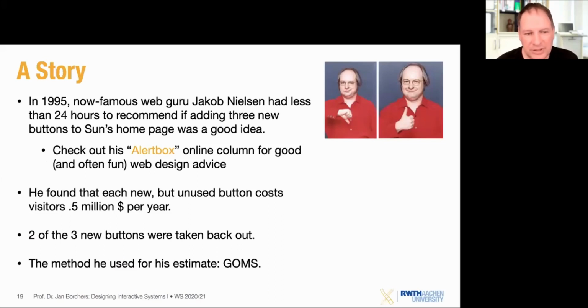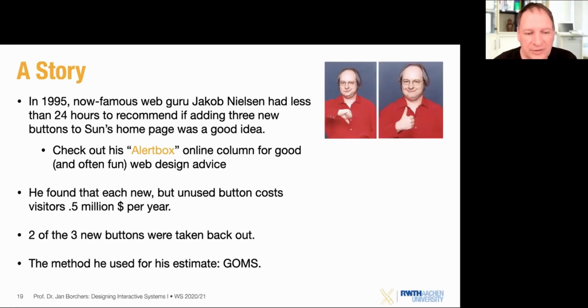By the way, he found that each new button that was added, but that was largely unused, so that would only be followed very rarely. You've got like about us, and then company mission, and then you got products and so on, and support and so on.